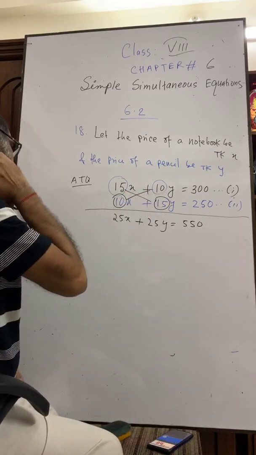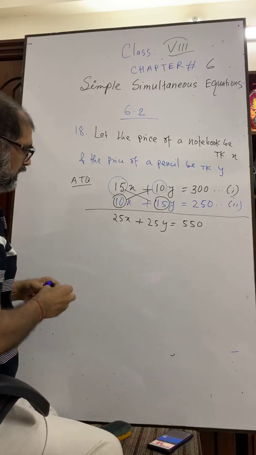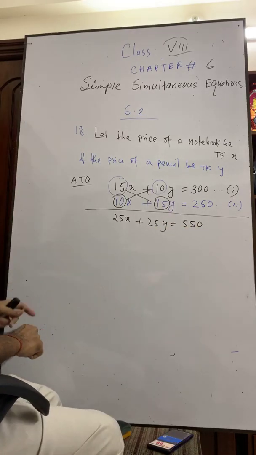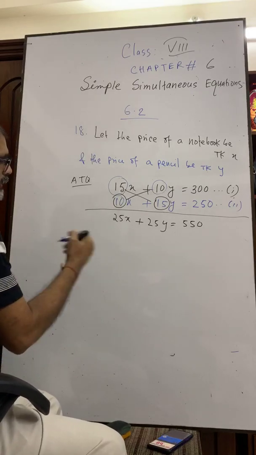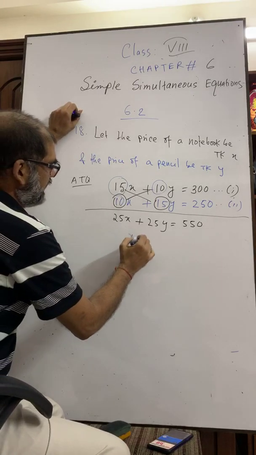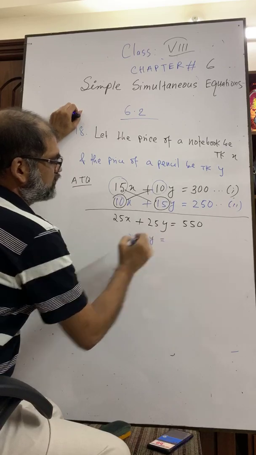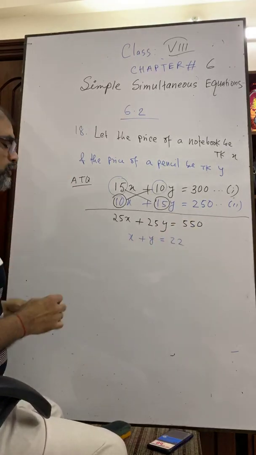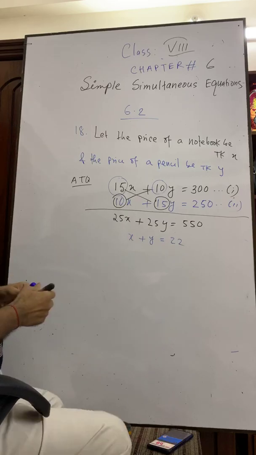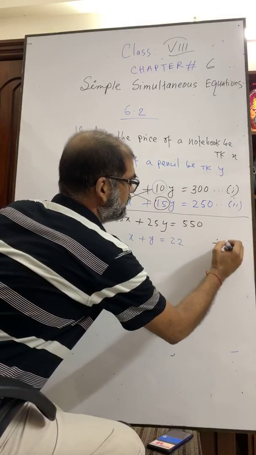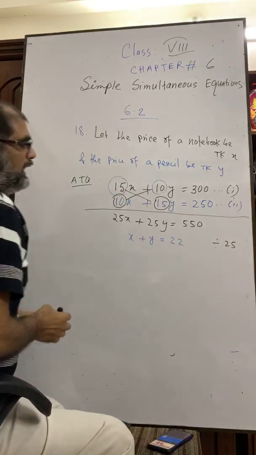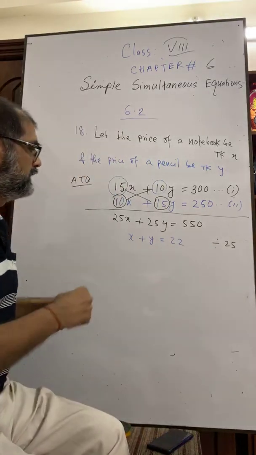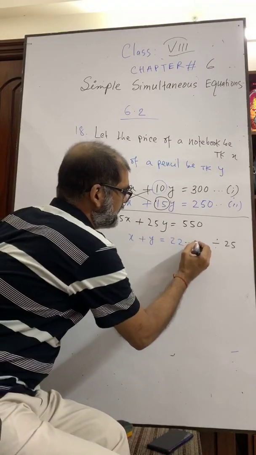Only then you will apply this rule. Now if we divide all the terms by 25, x plus y equals what? 22. I have divided both sides by 25. Now we consider it as equation 3.